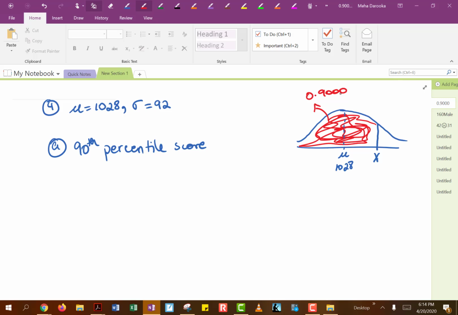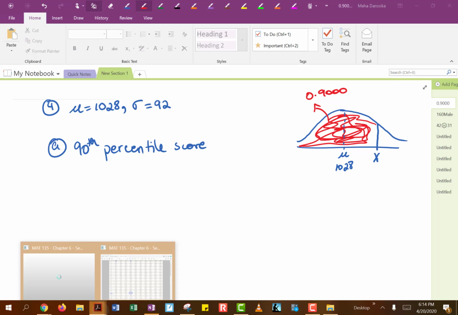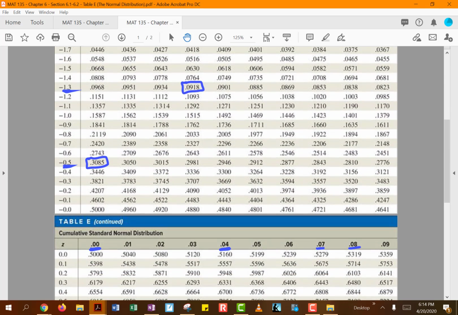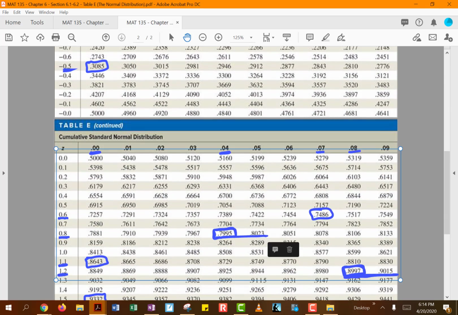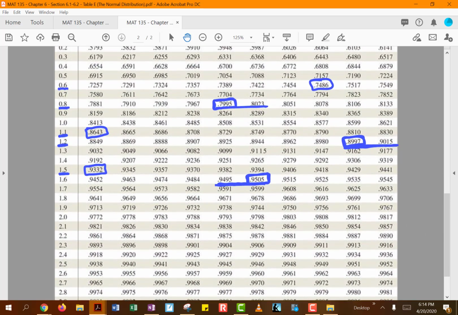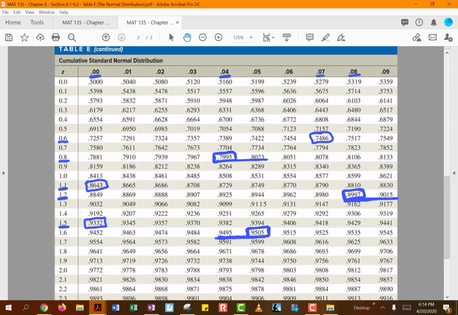That means we need to go to our standard normal distribution table and see if we can find the z-score for that 90th percentile, or basically 90%. So looking at our table over here, we need to see what we can get for 0.9000.